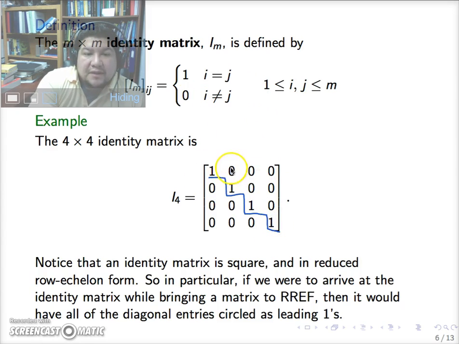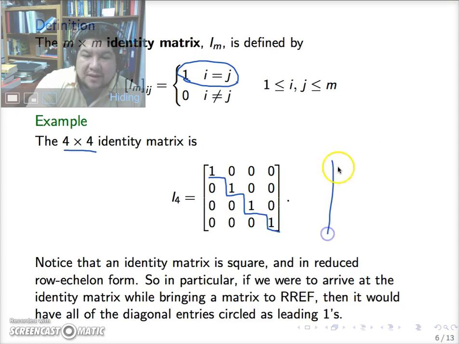This is a matrix that contains only ones and zeros, and the ones appear on entries of the matrix such that the row number and the column number are the same. Those entries are called the diagonal entries. Those entries on this illustration for a 4 by 4 identity matrix are precisely the entries that appear on the so-called diagonal of the matrix.